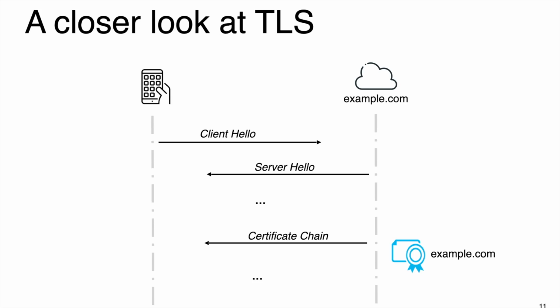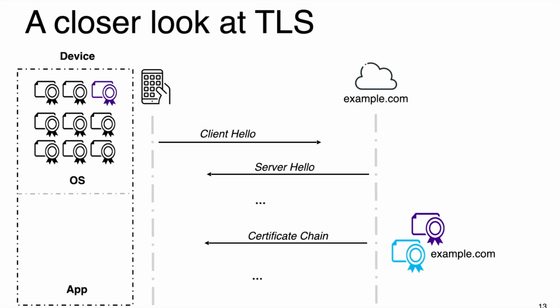Well, as mentioned earlier, the app receives a certificate chain. Each certificate in the chain is signed by the one before it. The top certificate in the chain is called the root certificate, and as long as that is trusted, the app can validate the whole certificate chain. Now, to enable apps to make a decision about whether a root certificate can be trusted or not, modern devices come pre-equipped with a store of these root certificates.